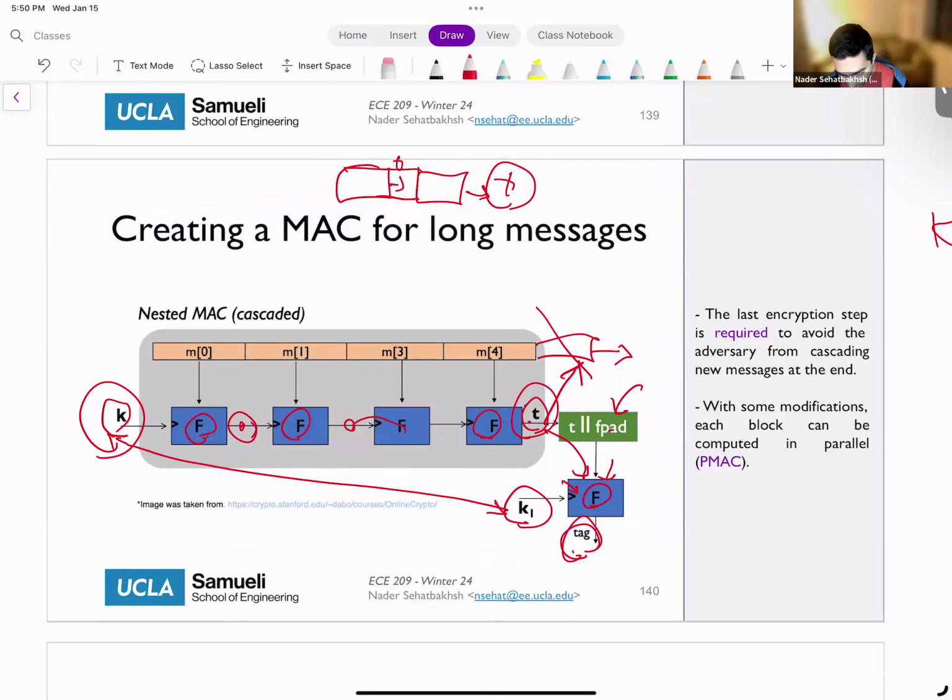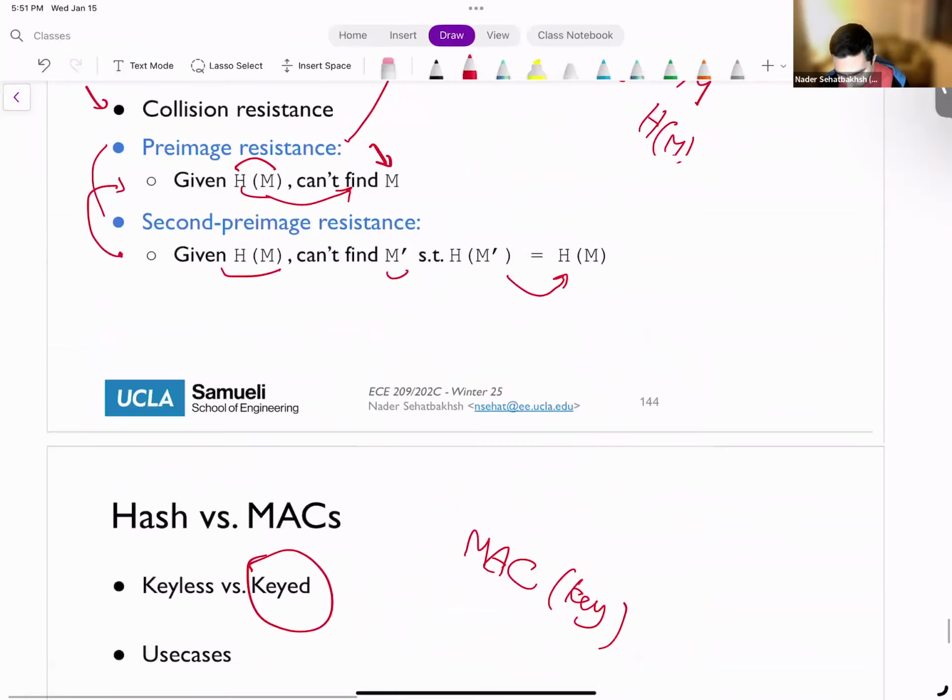Basically, from this point on, I'm replacing this function with the hash function. At the end, again, I take this, I generate a different key here, and then again I replace this with hash. How do I generate the second key?